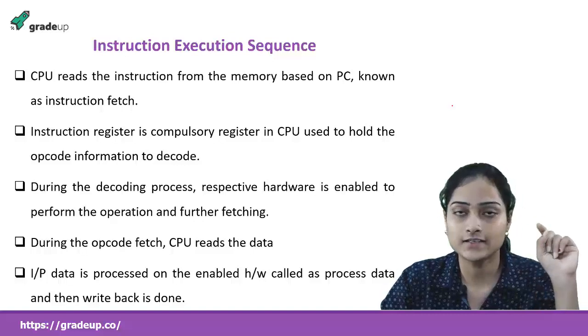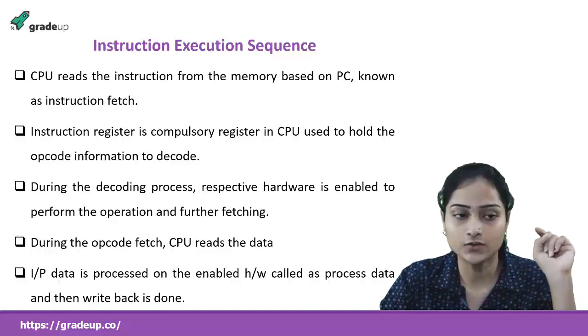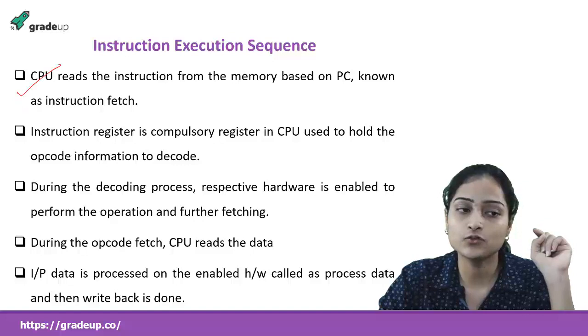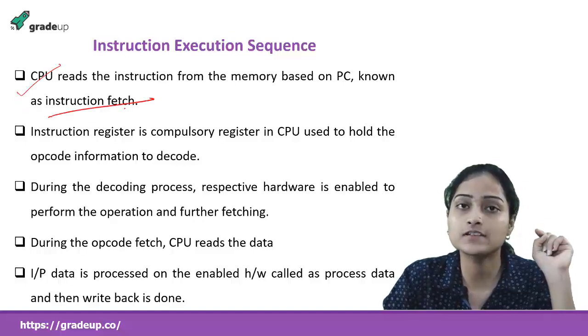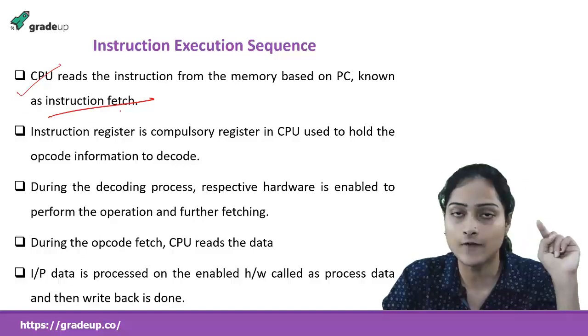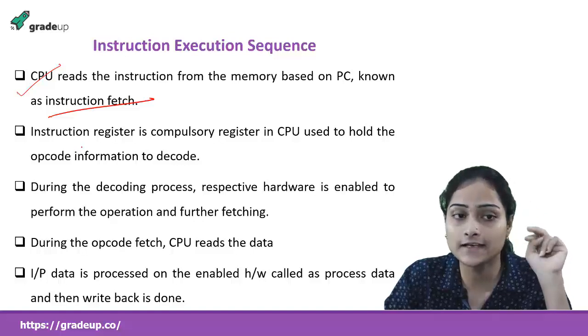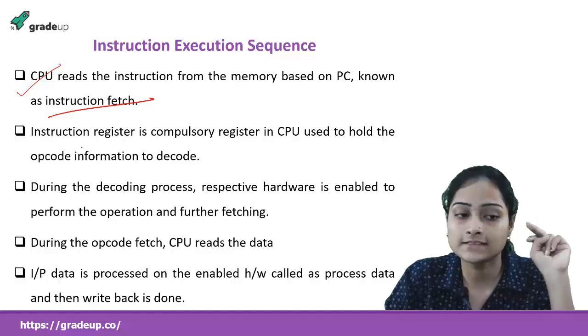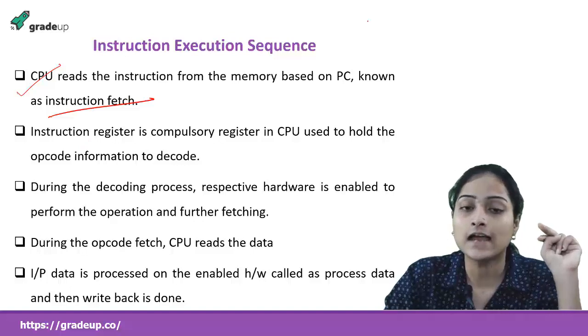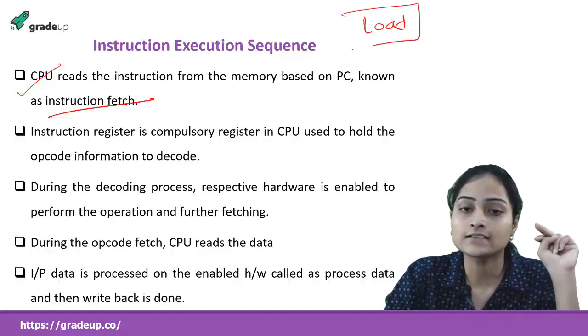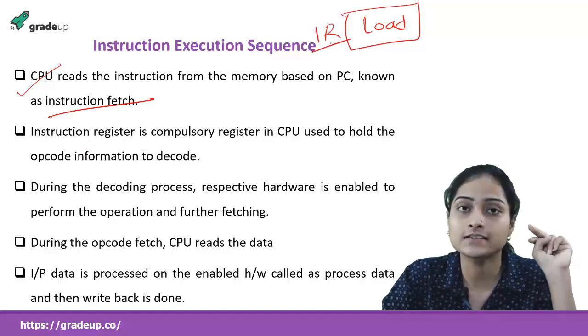For instruction execution, let us summarize what we are going to do. First of all, the CPU is going to read the instruction from memory, which is known as instruction fetch. Then the fetched information will be given to the decoder, and the instruction that you fetched will get stored in my instruction register inside the CPU.